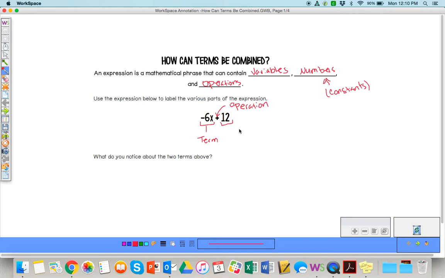So, and then we know that x, okay, we talked about this before, letters are called variables. So we have two numbers in here, and these two numbers are called different things. So when we have a number that does not have a letter with it, like this 12, okay, we call this a constant.